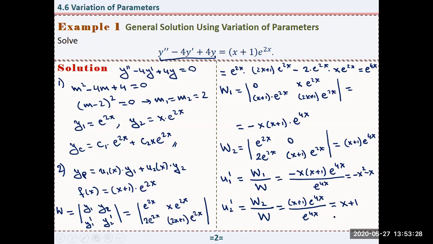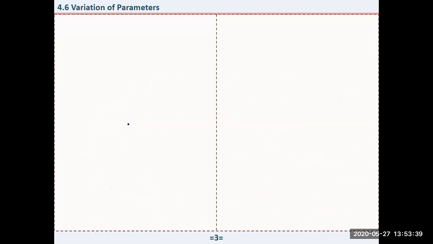Okay. So now we are going to integrate both sides, and we will get u sub 1, and integrating both sides, we will get u sub 2, right? And so from here, u sub 1 is equal to the integral of minus x squared minus x, that is our u1 prime, right?